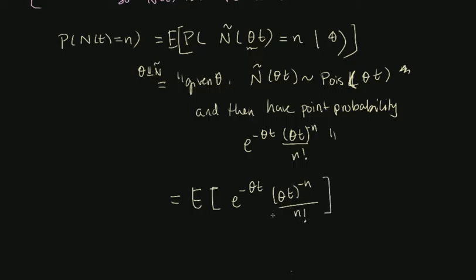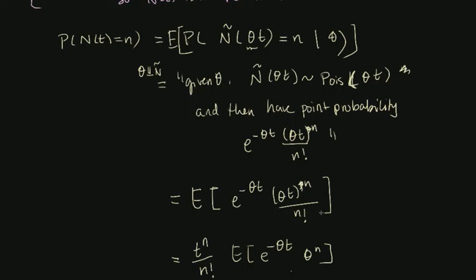And this is, in fact, well, we can just try to take out some of the stuff that we already know does not depend on theta. I think this is just an n. Sorry, I don't know why I wrote the minus here. So t to the n divided by n factorial, and then inside I have the mean value of e to the minus theta multiplied by theta to the n.